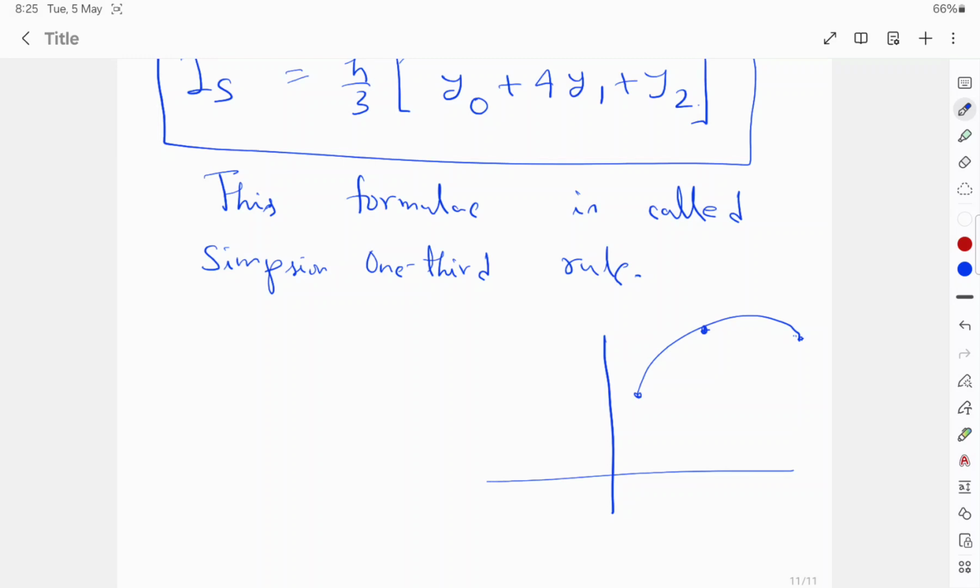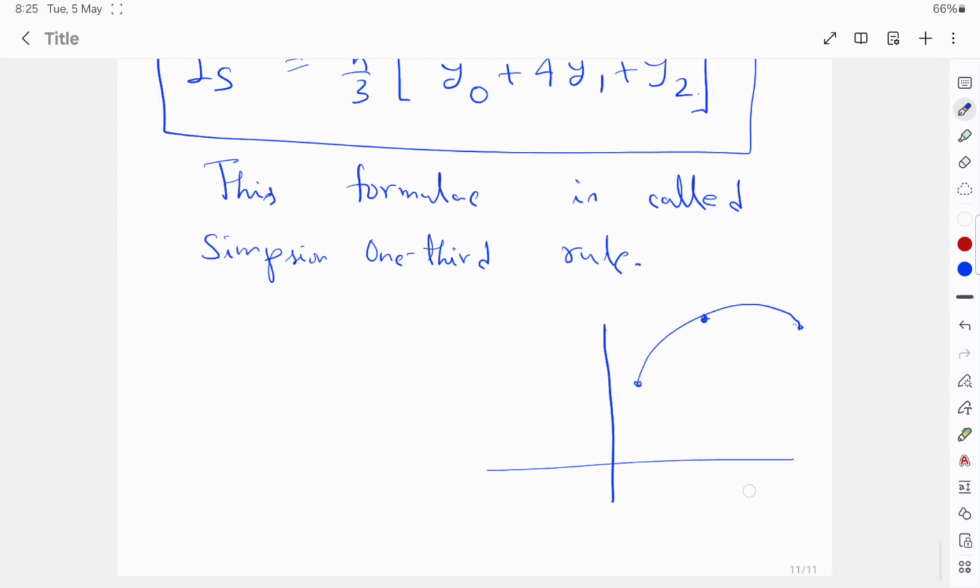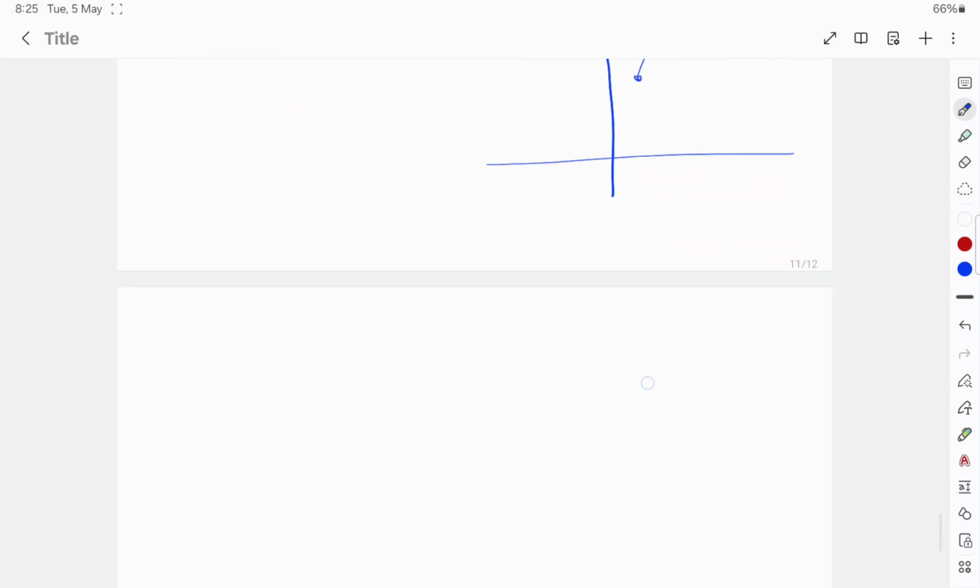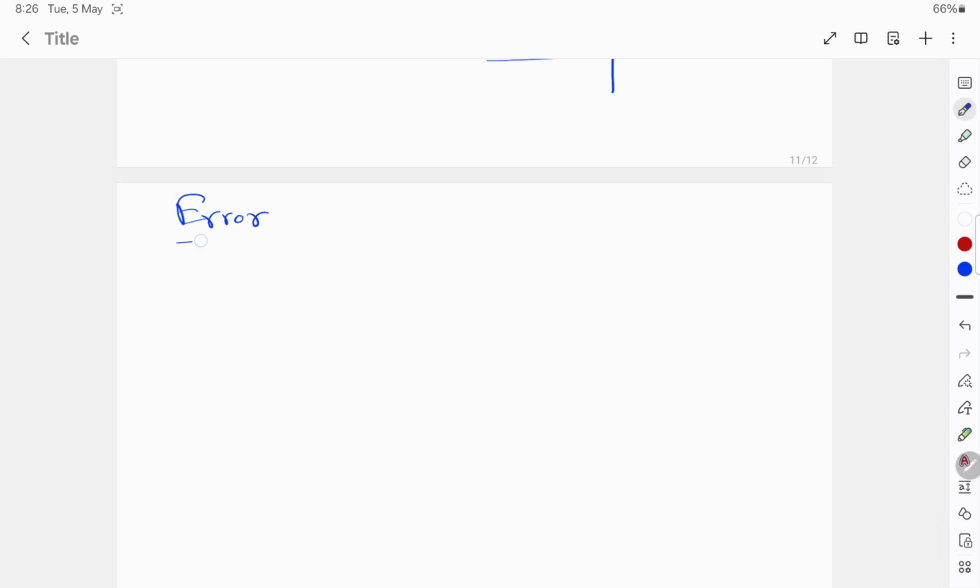So this is done. Now here also you can do the error part. This error part is your home task. It is done in a similar way. I will just guide you, so write properly in your notes. E_S will be the integral from a to b of f(x) dx minus I_S.